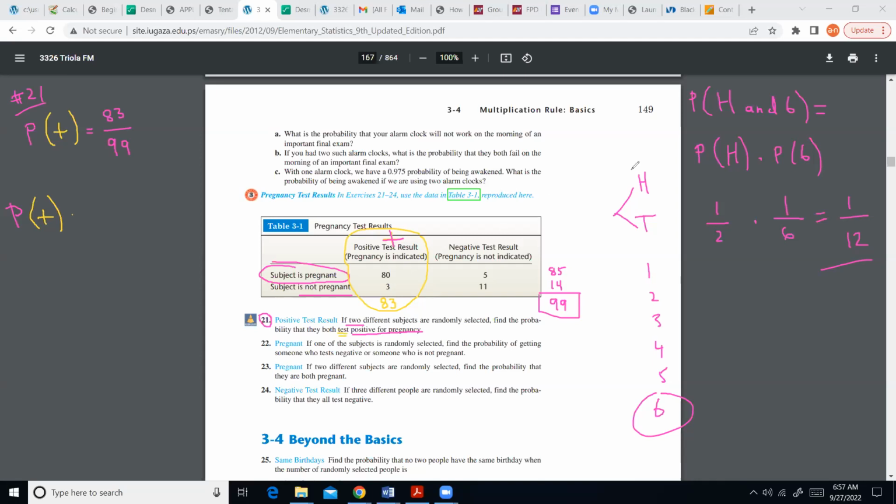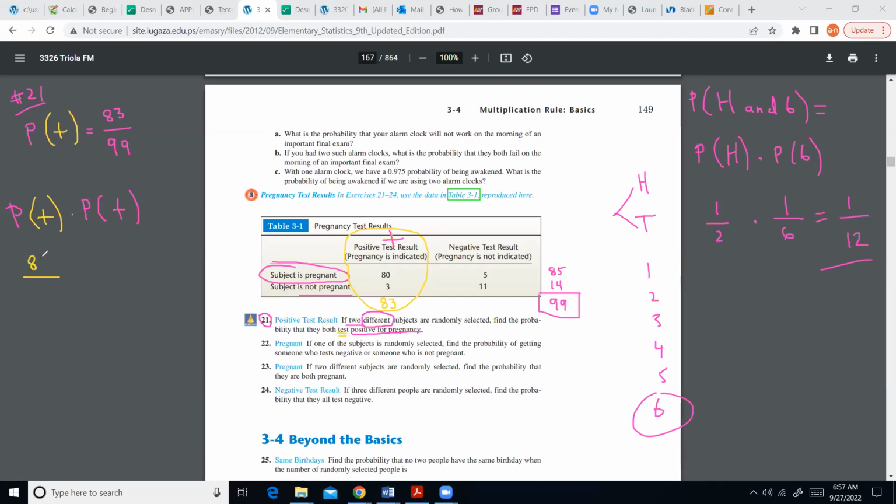Now, the actual exercise 21 wants us to do the following. They want to test two people, and after you test the first person, you want to select a different subject, not the same, because there is no point in testing exactly the same subject once again, since we already tested.